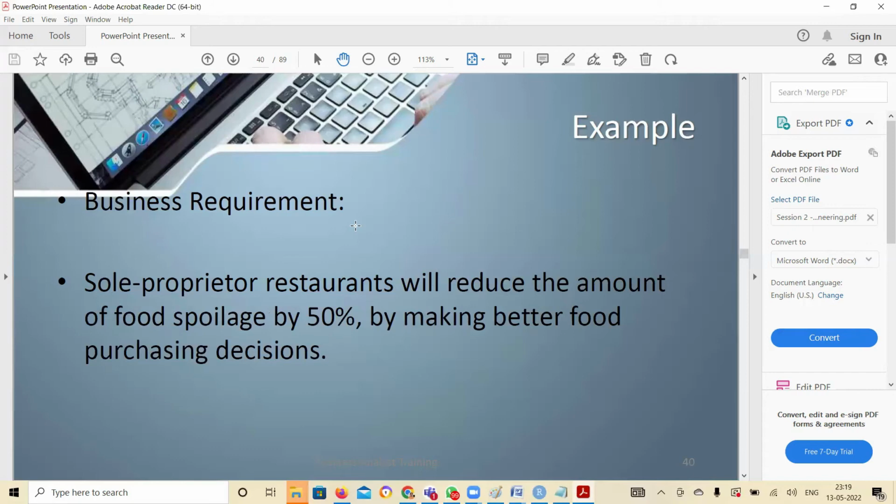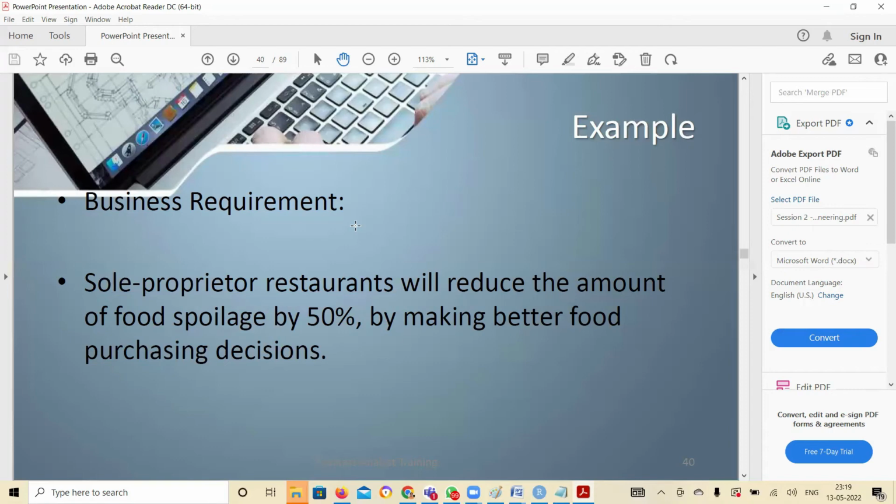So you need a system using which you will be able to make better purchase decisions: which product, when to buy, in what quantity. Right now you're doing it manually. Sometimes you are buying more, sometimes buying less, because of which there's wastage. So if you use software which will recommend what product to buy when and in how much quantity, your wastage will come down by 50%.